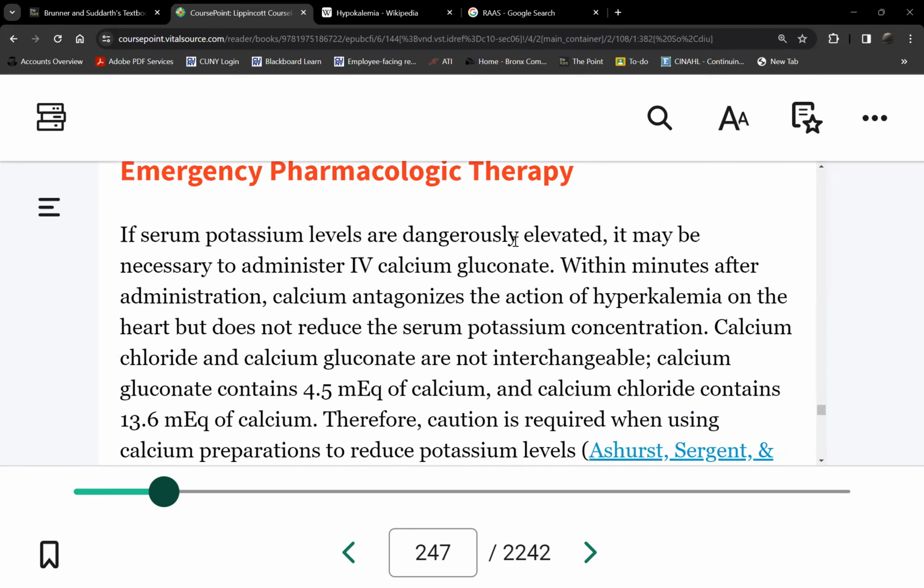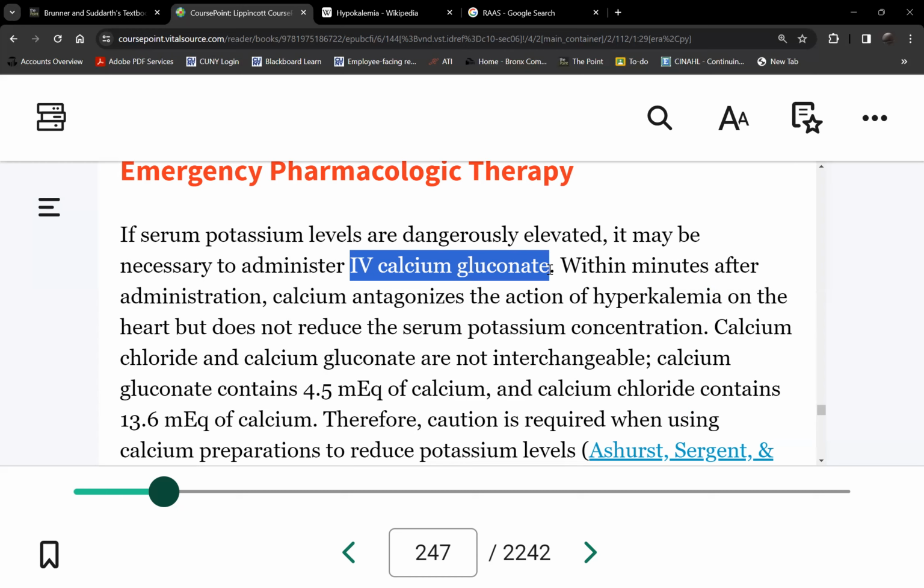So what are your short-term temporary fixes, which is to shift? One is to give IV calcium gluconate. Now, take note, you probably won't get one order. You'll have multiple, all right? Especially if the levels are over 6 or 7, you'll get several doses.